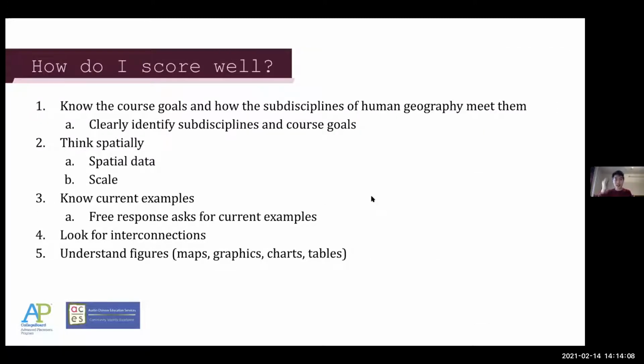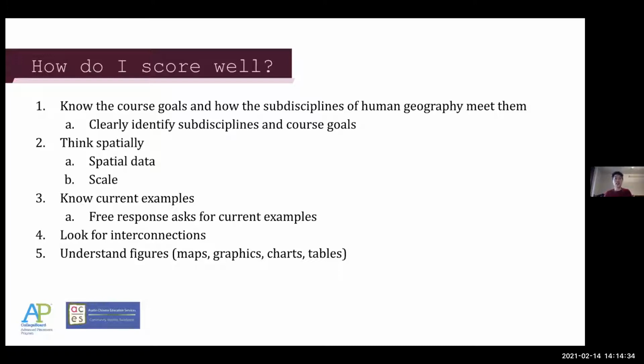So here comes the big question: how do people score well on the exam? The first thing, obviously, is you have to know the concepts. That's a no-brainer. You have to put in the time to understand and learn the concepts, understand specifically the sub-disciplines of human geography, and be able to clearly identify the sub-disciplines and the course goals.